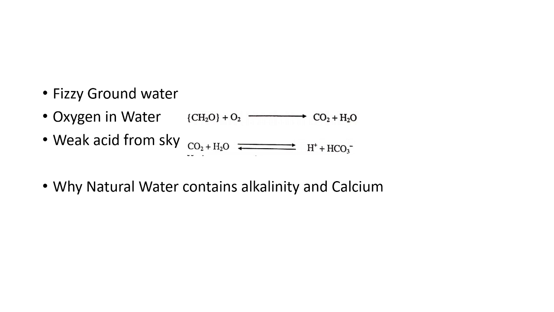alkalinity and calcium. The water alkalinity is defined as the ability of water to react with and neutralize H plus ions. The water alkalinity originates as it contains bicarbonate ions which react in this way. Means the bicarbonate reacts with acid if at all it comes from outside, and carbon dioxide is released.